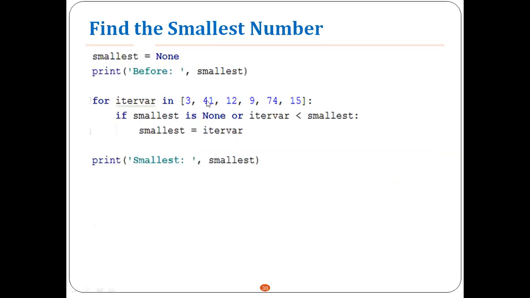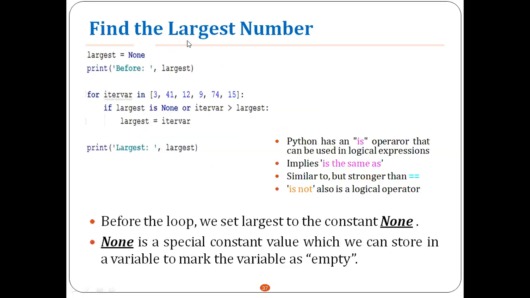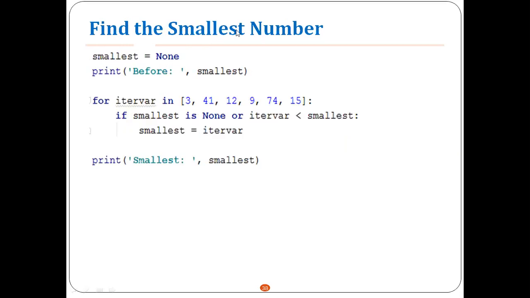That is the same as in the previous program, where we found the largest number, but here in this case we are finding the smallest element among all the six elements. The only thing is that we have to reverse the comparison operation. The smallest element has been initialized to None, which is a constant value, and this is compared with every element of the list.